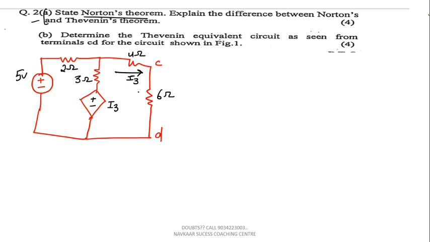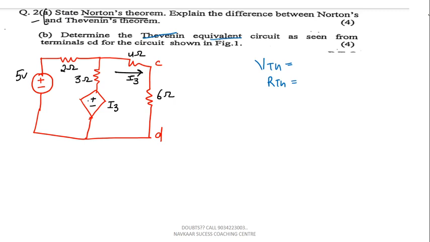I'm solving the numerical here. In this numerical, they said determine the Thevenin equivalent. For the Thevenin equivalent, we need to calculate the value of VTH and the value of RTH, as seen from this terminal. Can you tell me which source it is?